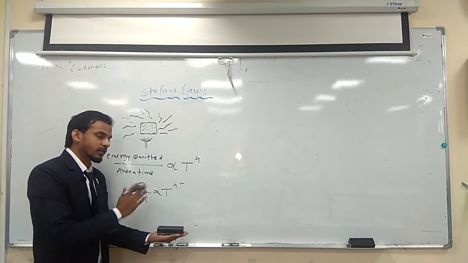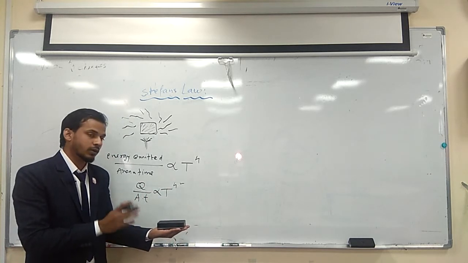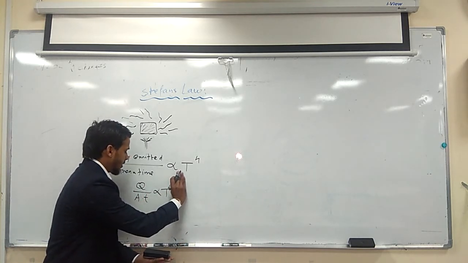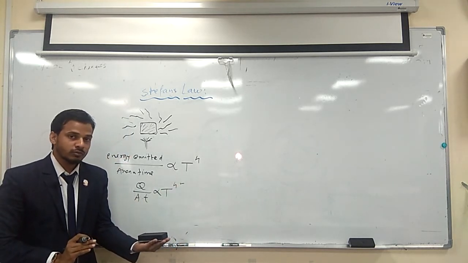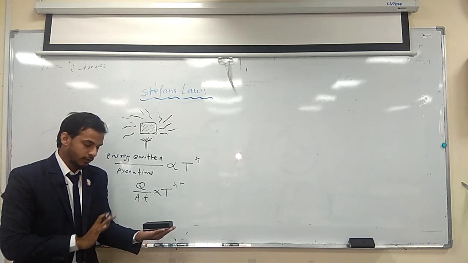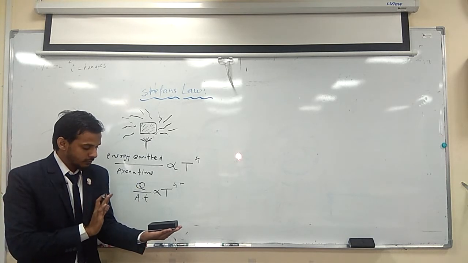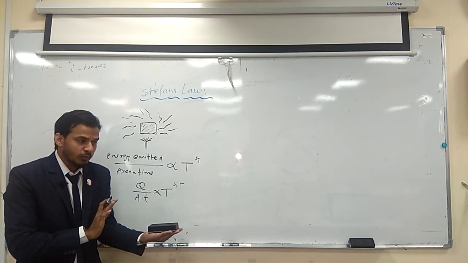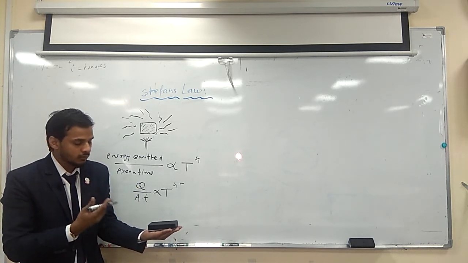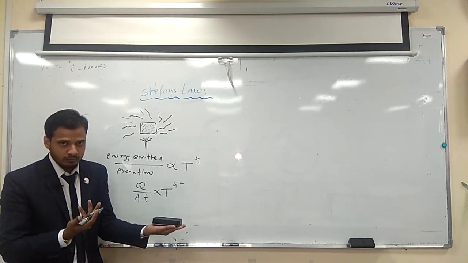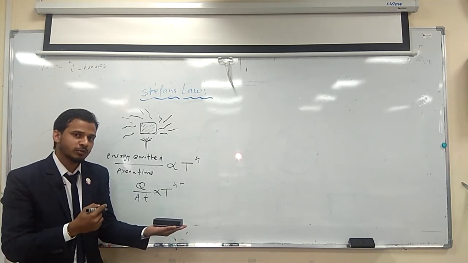If you can understand the temperature, you can understand the fourth power also. If I say it is proportional to the temperature, how much energy is it giving? How hot is it? Whatever its temperature.